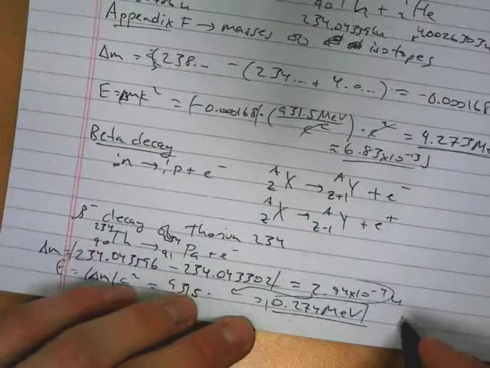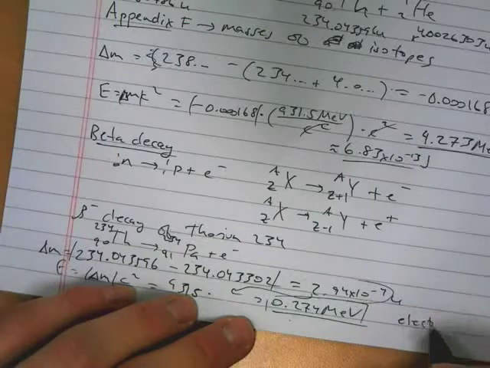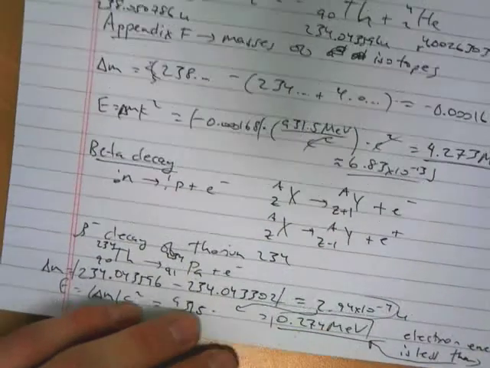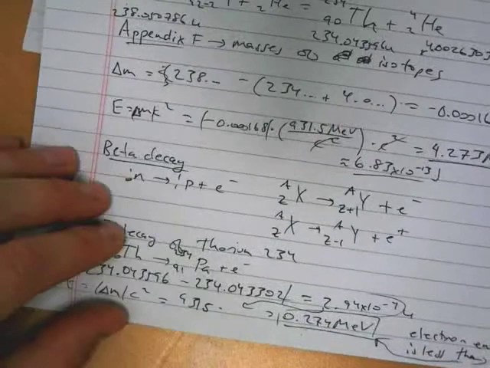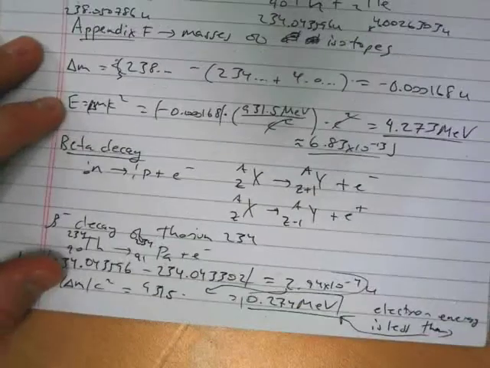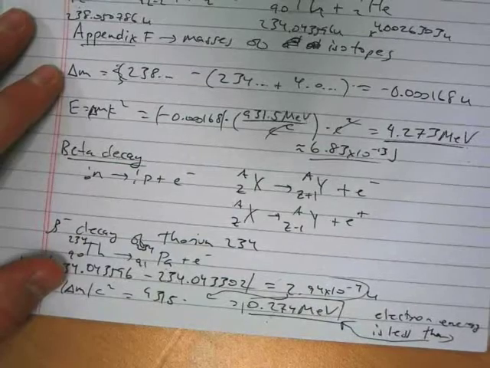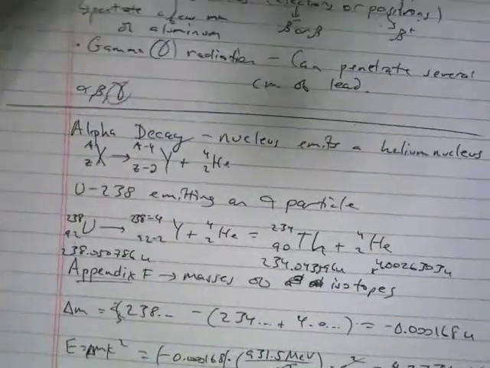The electron energy is less than this. And that was problematic because that seemed to violate conservation of energy, right? There's some energy floating around that they didn't know where it was going.